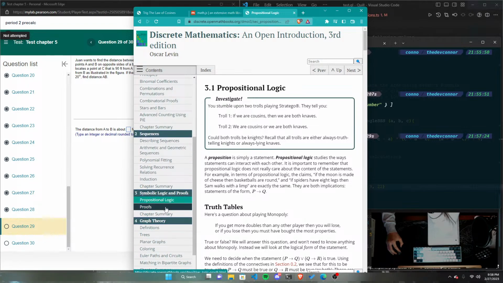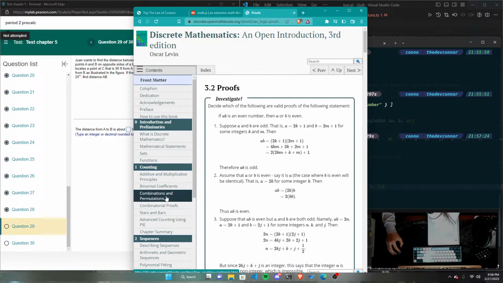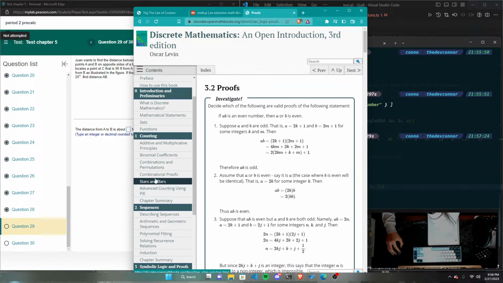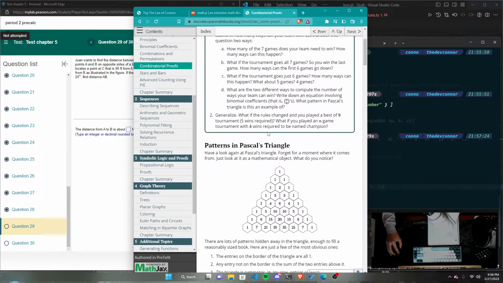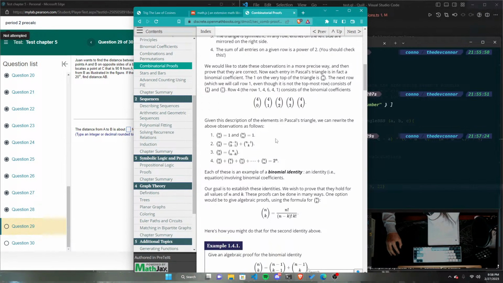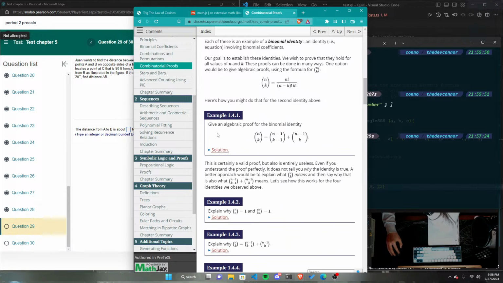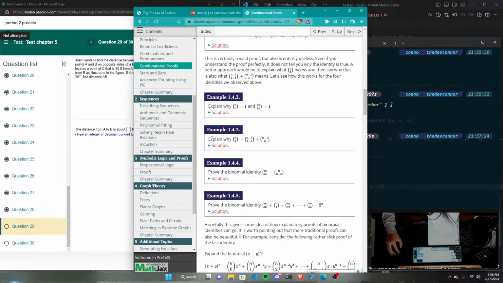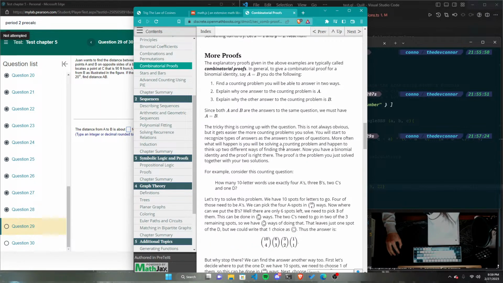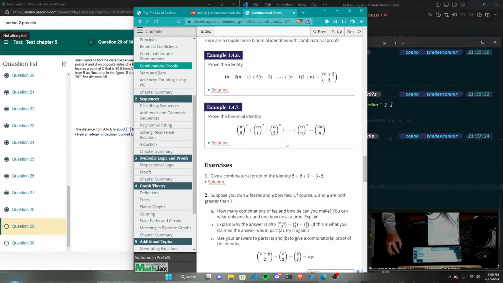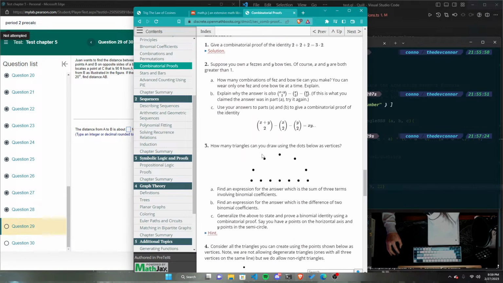Sorry. Oh, so it's just combinatorial proofs. Okay, I see it. Okay, and then go down into number 3. You'll see it when you get to exercises. Oh, the example 1.4. No, go down. It'll be exercises. Okay. There we go. So 3.